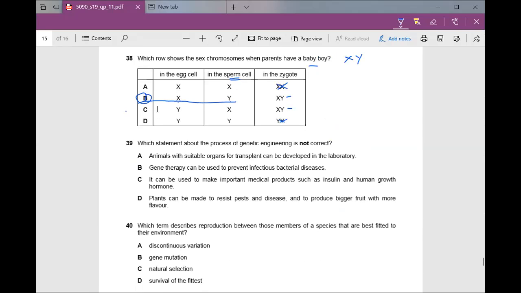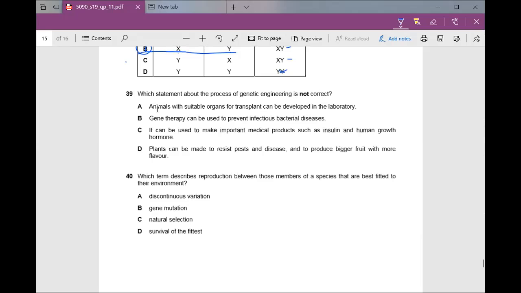Number 39: which statement about the process of genetic engineering is not correct? It means again we have to find the wrong statement. Animals with suitable organs for transplant can be developed in a laboratory. Nowadays they are developing liver. Gene therapy can be used to prevent infectious bacterial diseases: no, this is not the correct one, and we have to find the wrong answer, so this is the wrong one.